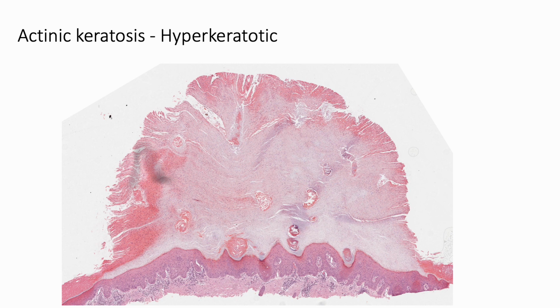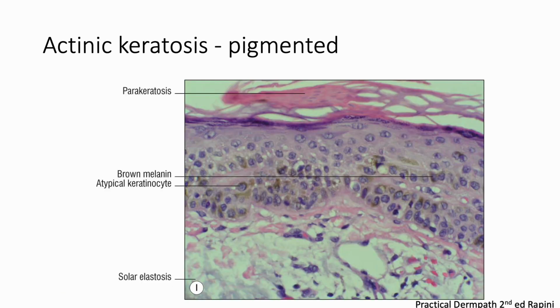You can see it associated with either actinic keratosis, seborrheic keratosis, or wart. So in the pathology report, we should only report what is associated with the cutaneous horn, but not report the cutaneous horn itself. Here is the example of pigmented actinic keratosis.